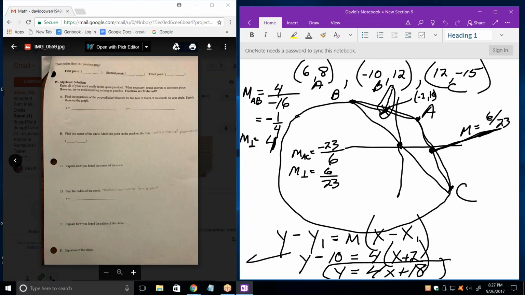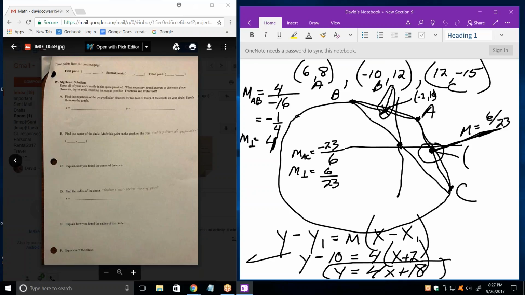Now let's figure out what that point is, and then we'll use point slope again. Now this is between A and C. So this is where you'd use the midpoint formula.